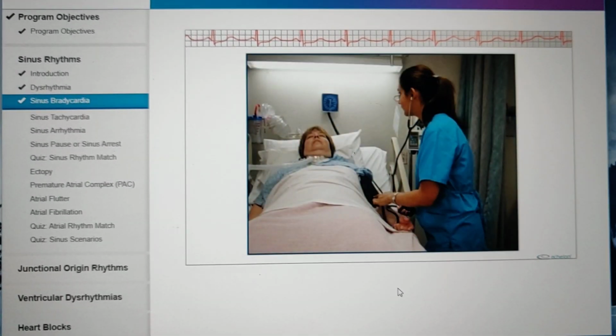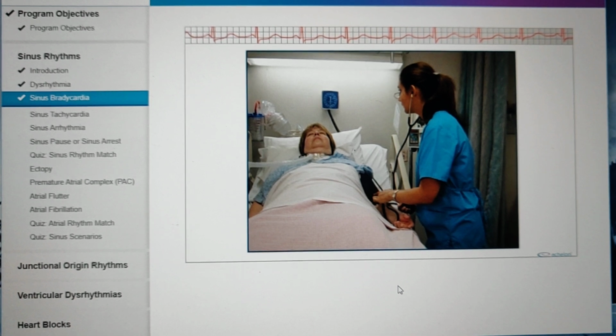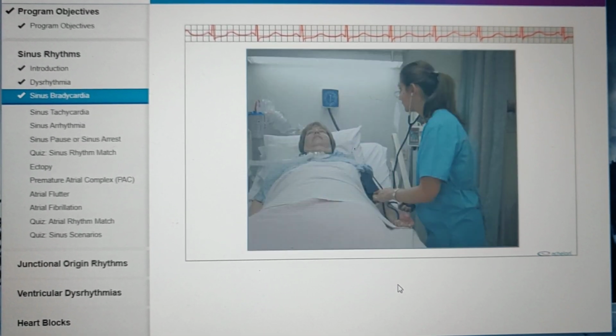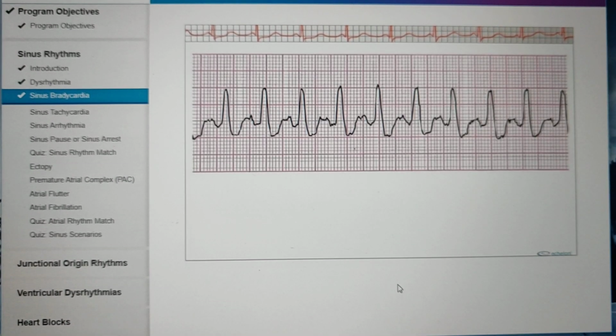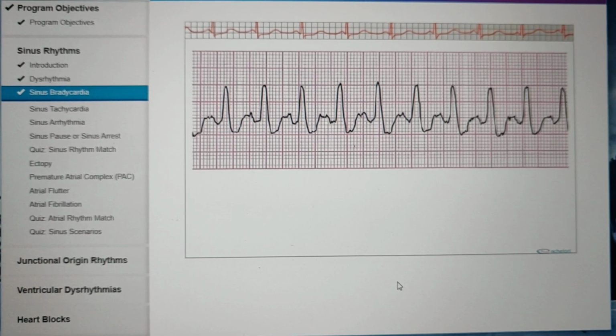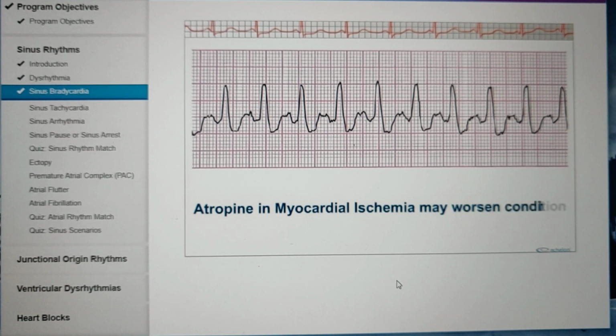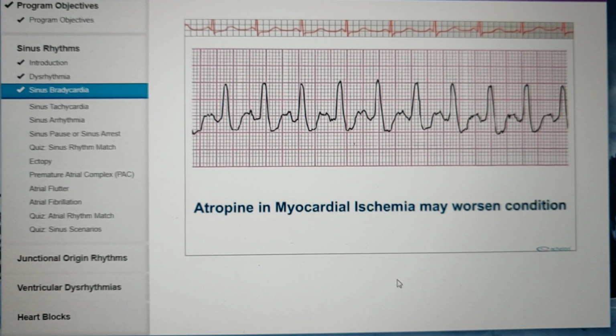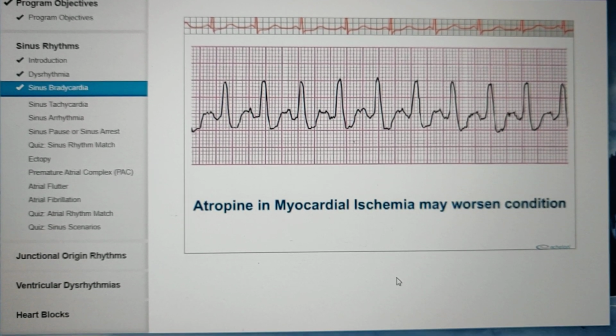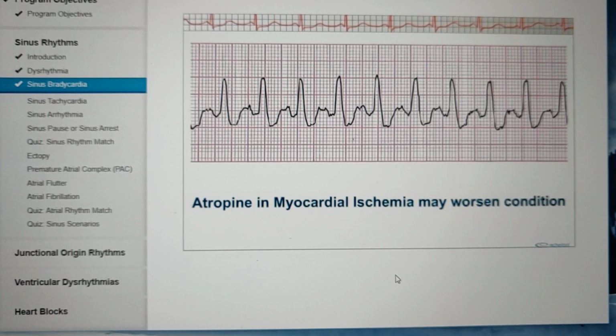The patient can respond poorly to the treatment and put you in a position to deal with brand new challenges. One last caution on the use of atropine. Be cautious when using it in the presence of acute myocardial ischemia, because it may worsen the condition.